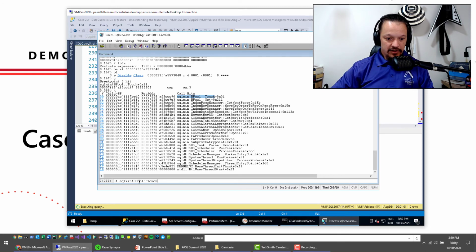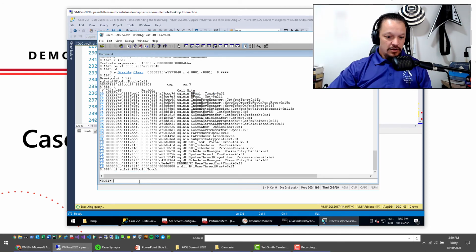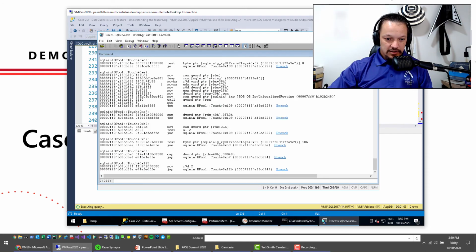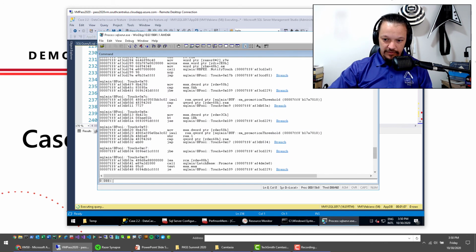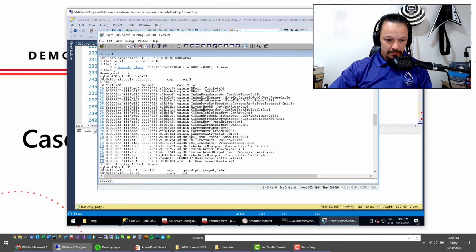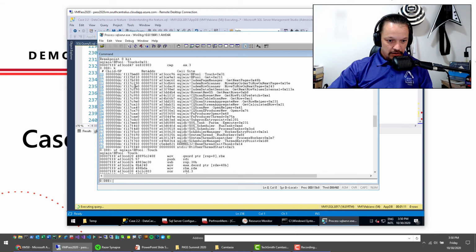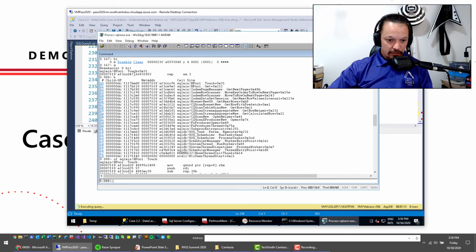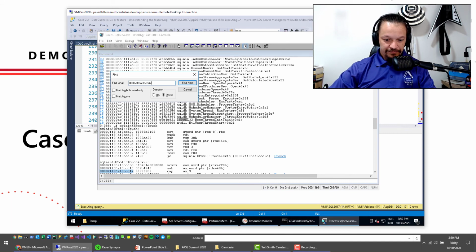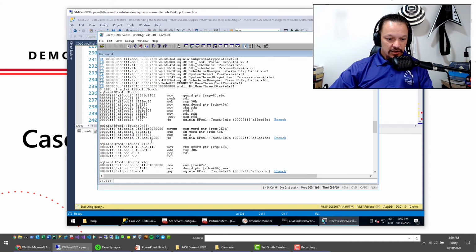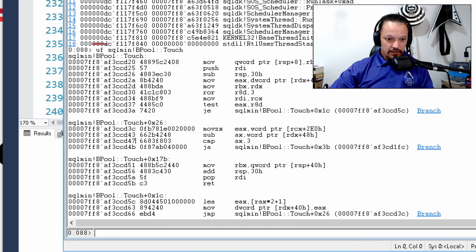If you want to see what the function is doing, you could unassemble the function. And let me grab this. Sorry, before we look at this, I want to grab the one that calls the breakpoint, this specific address. Let me find this. So this is the result of the unassembly.